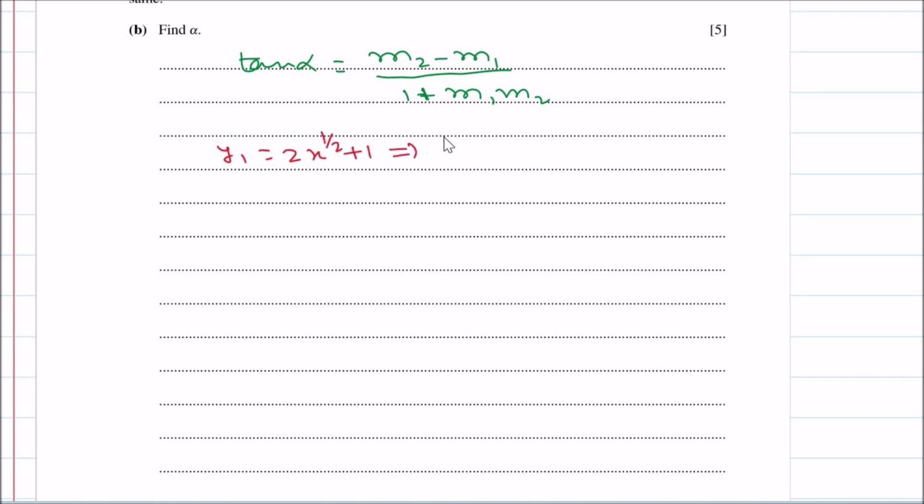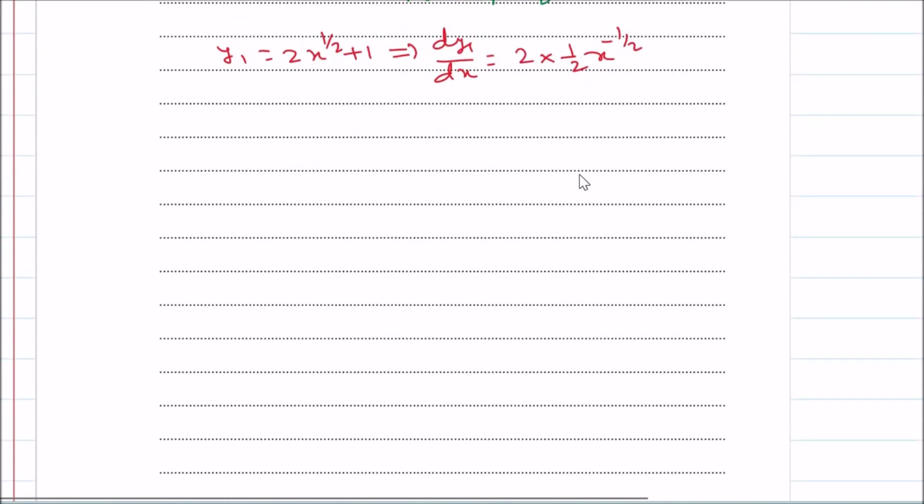So this gives us dy1 by dx is equal to 2 into half x to the power minus half, and the plus 1 becomes 0.